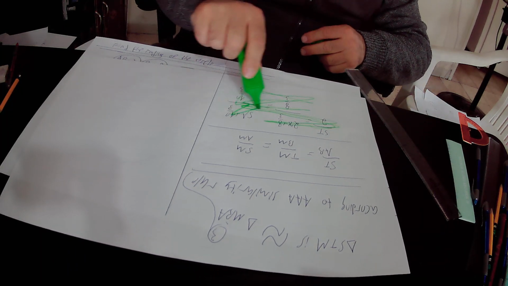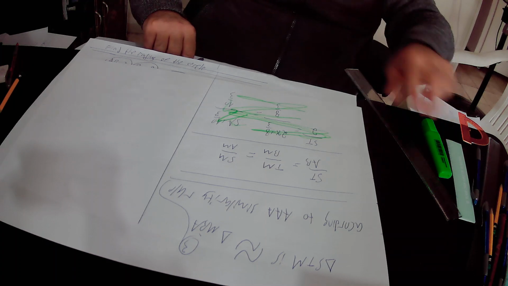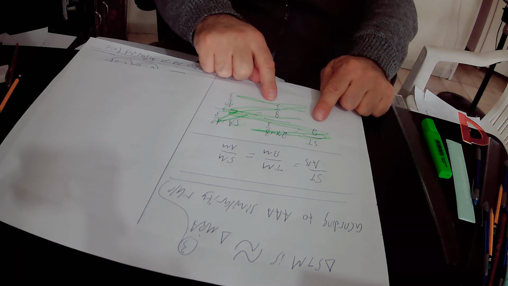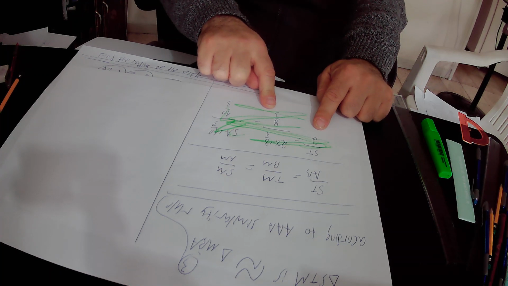So we focus on this long equation. In this long equation, those two sides are equal to each other. So we create equation 1 from those two sides that are equal to each other.